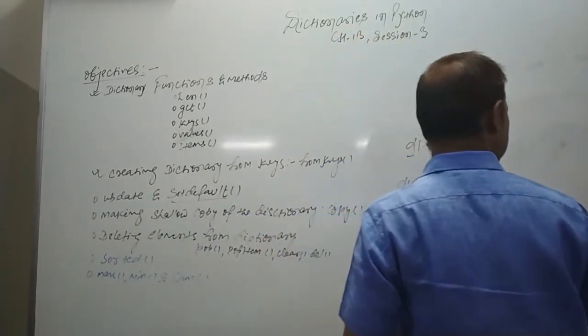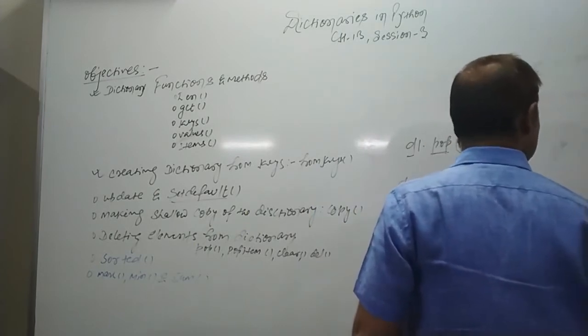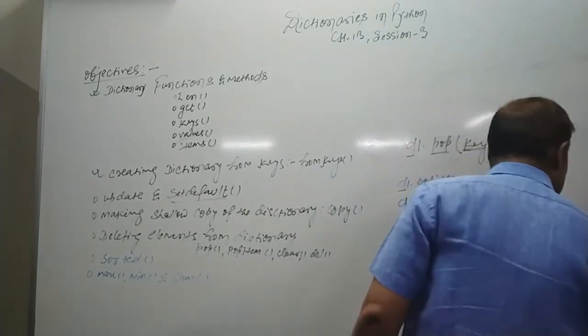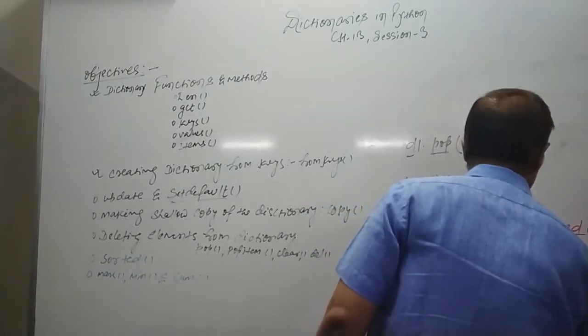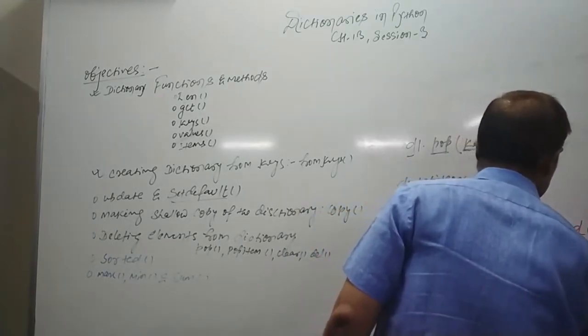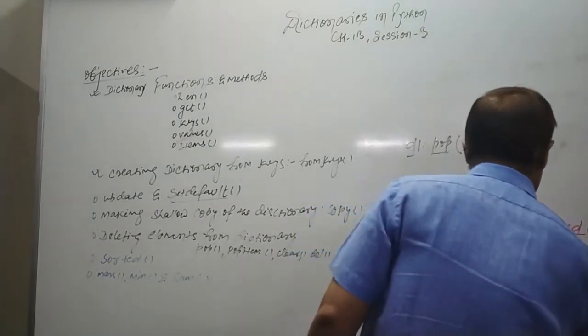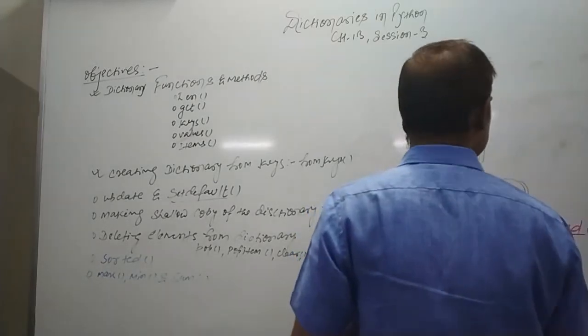If you are not passing anything in it, it sorts the dictionary's keys and returns them to you. So if you print x, then you will see the elements of the dictionary in sorted form.